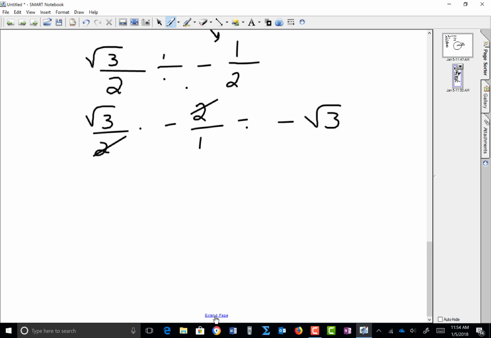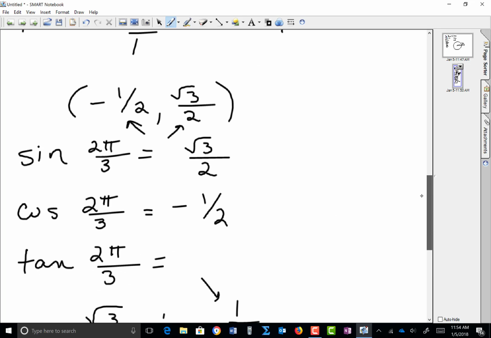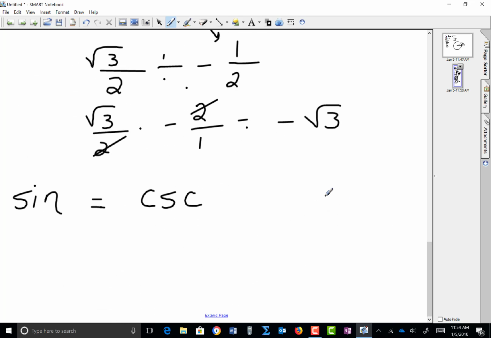Now, if we did the reciprocal values, so the reciprocal of sine, remember, is cosecant. And if we go back up and we look, we got square root of 3 over 2 for our sine. So if I flip it, I get 2 over square root of 3.